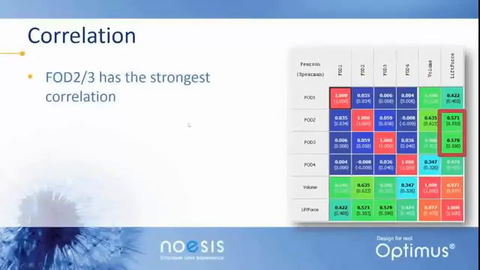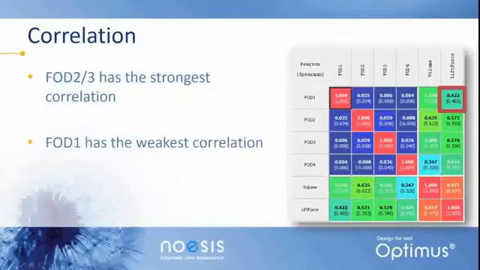We've identified that the variables FOD2 and 3 had the strongest correlation with lift force, and that FOD1 and 4 had the weakest correlation with lift force. The influence that FOD1 and 4 had on the lift force was still relatively high. You'll notice that it's not that many points off of FOD2 and 3.